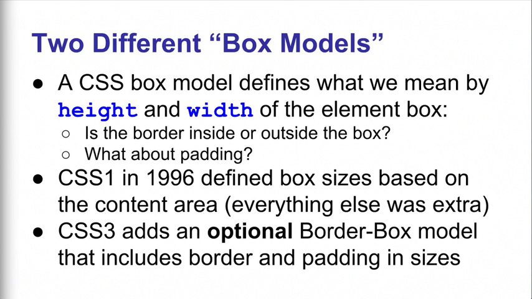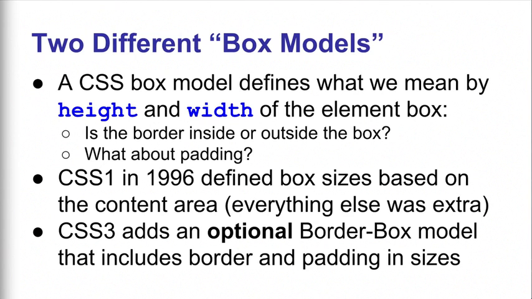All of this flexibility makes it a little confusing to say that the actual height and width of the element is whatever we set. Does it include the margin, the border, the padding? As it turns out, CSS3 supports 2 different ways to specify the height and width of the box. The first and original way is the CSS1 box model, in which the height and width settings are considered to be for the content area only.